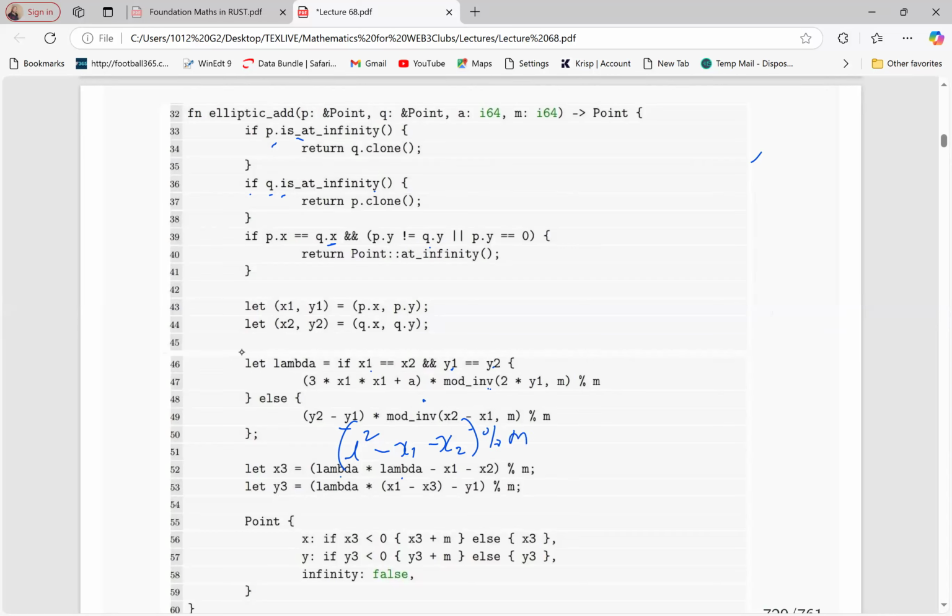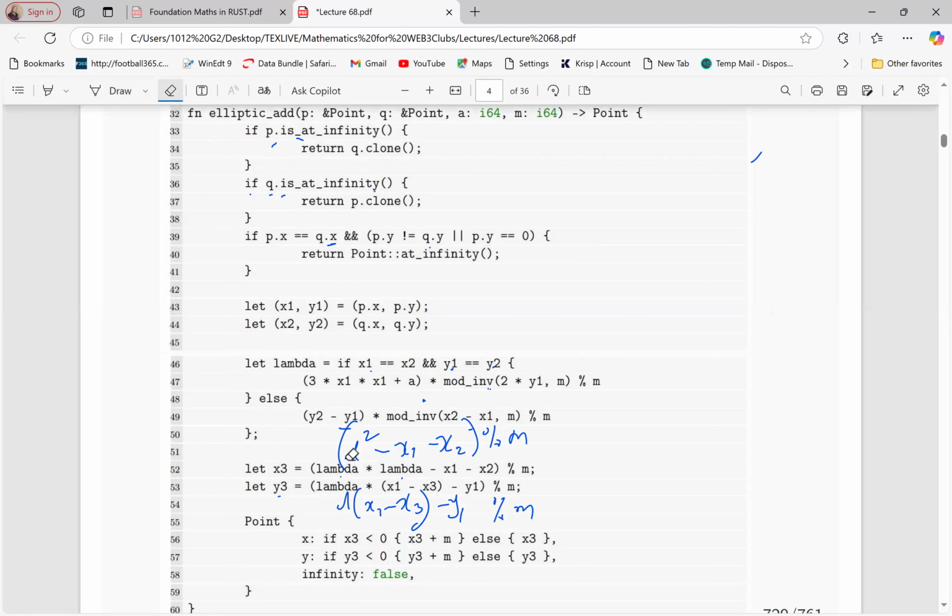What about y3? Y3 will be gradient times x1 minus x3 above. Then the result, subtract y1 and reduce the entire result mod m. So you have x3, y3.